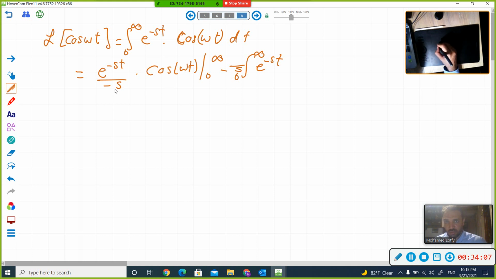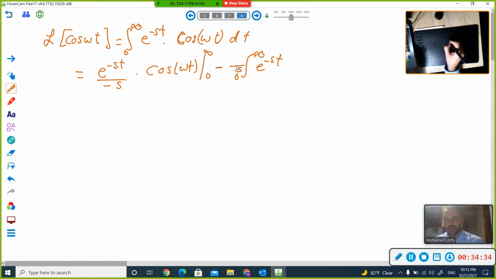Don't forget the sign. Let's first make it plus, then times the derivative of cosine. The derivative of cosine is minus sine, so we will again have the integral from 0 to infinity, and this will be negative.